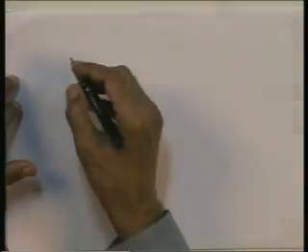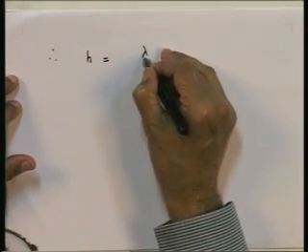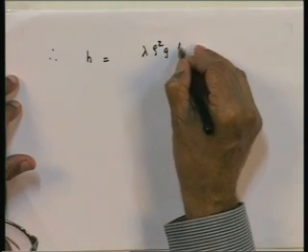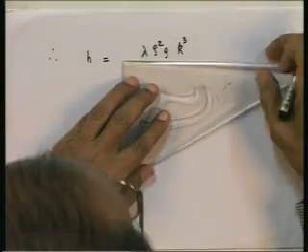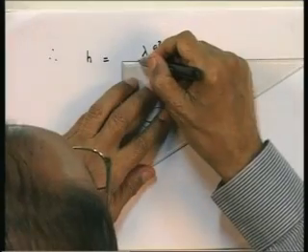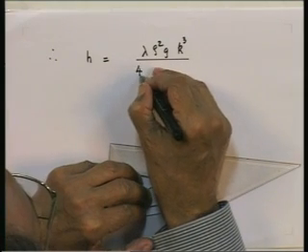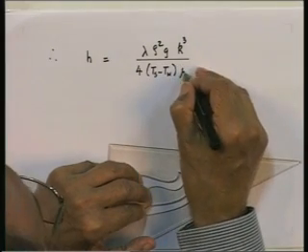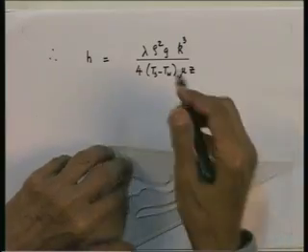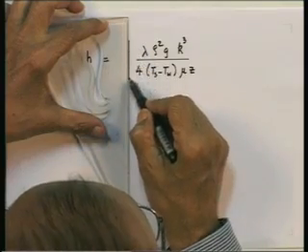So, we get h is equal to lambda rho squared g k cubed divided by 4 (T_s minus T_w) mu z, the whole thing to the power of 1 by 4.